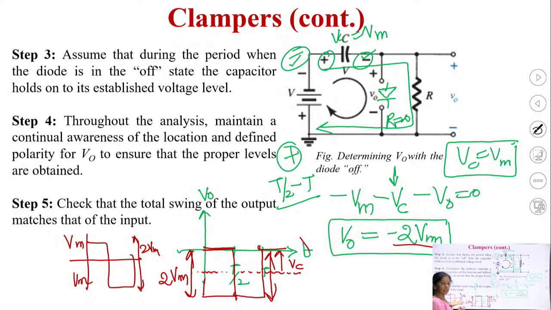Initially we are having the rectangular waveform, and here also we are having the same rectangular waveform. So, this is the simplest circuit of the clipper, that is the unbiased negative clipper circuit.